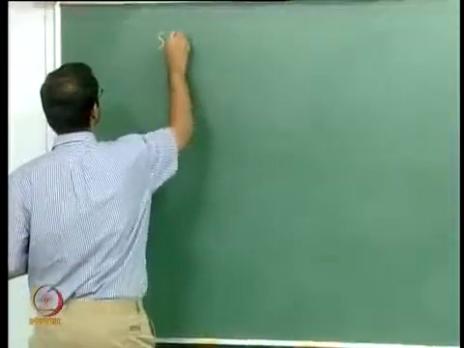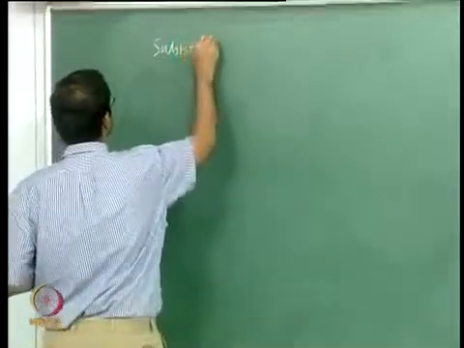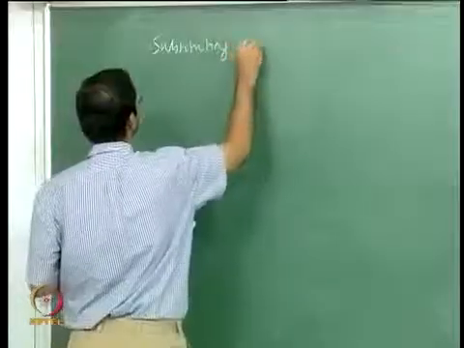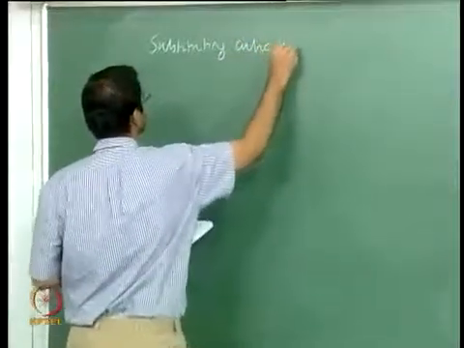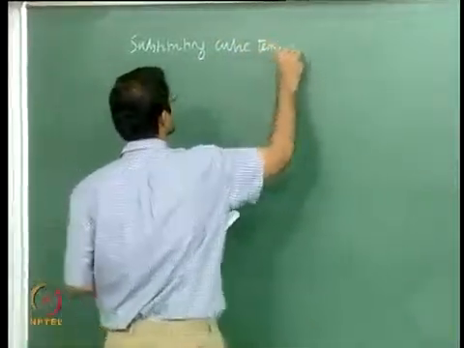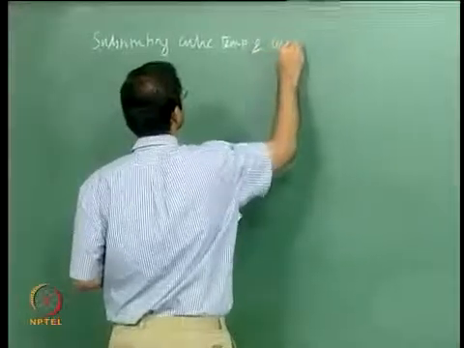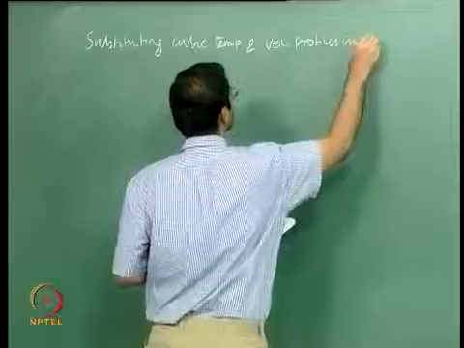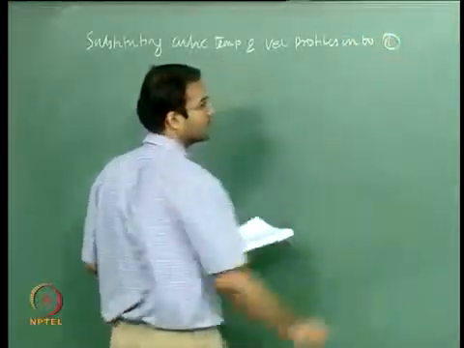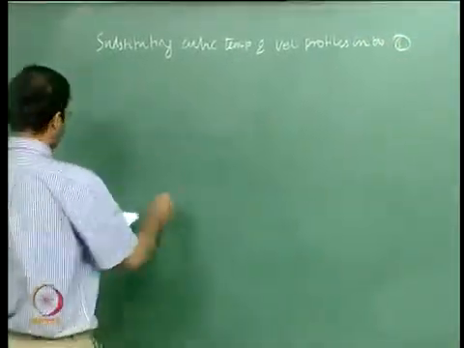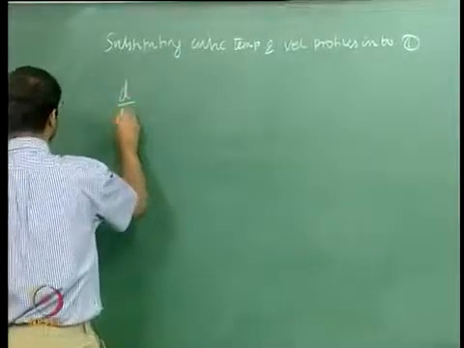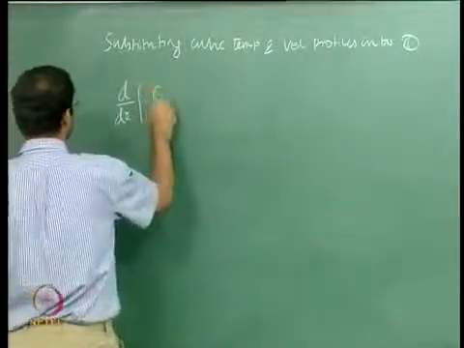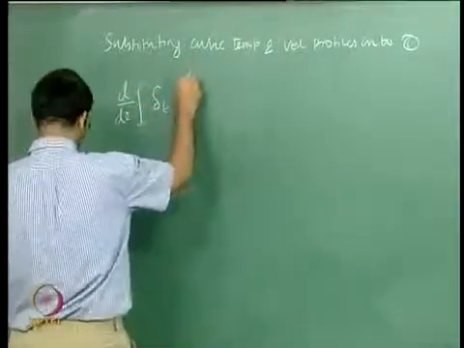So substituting cubic temperature and cubic velocity profiles into 1, so d by dx, delta t, 0 to 1.